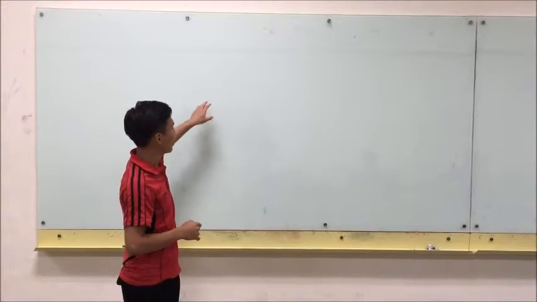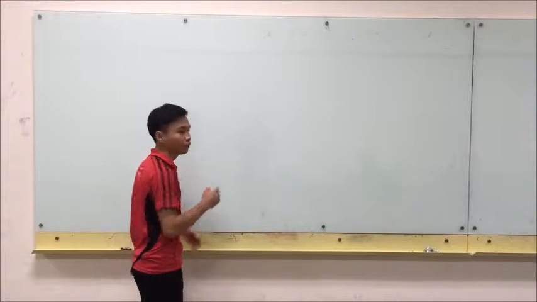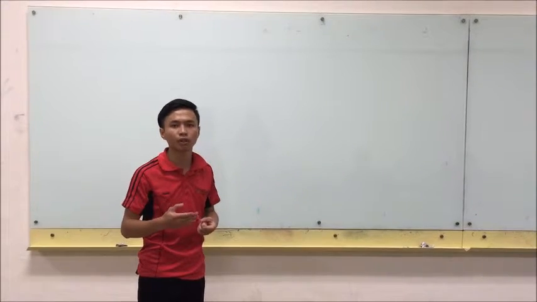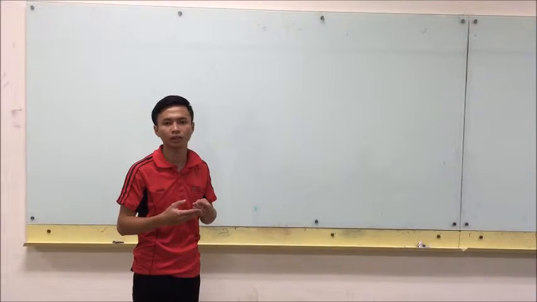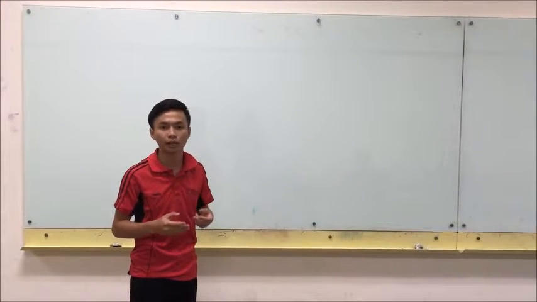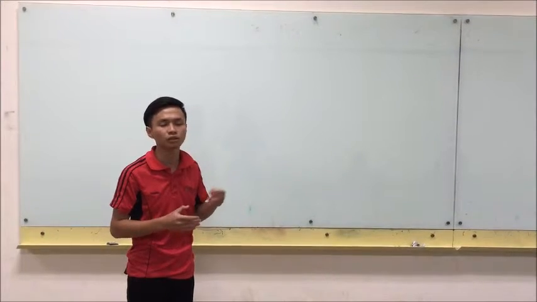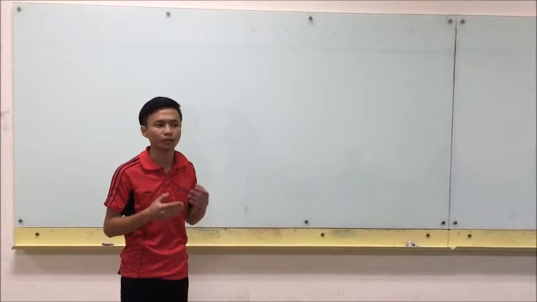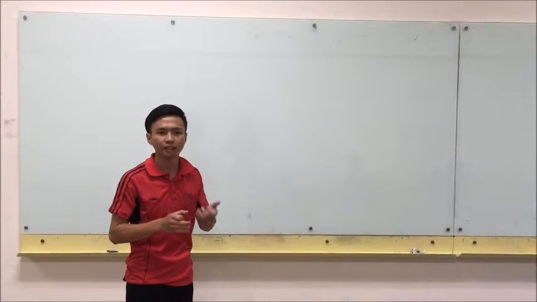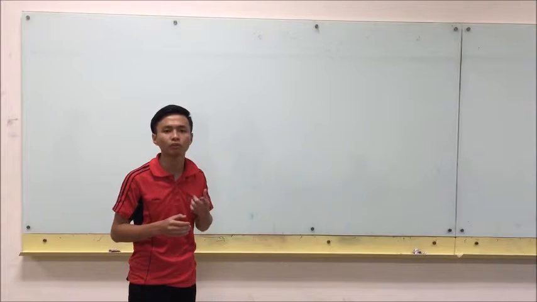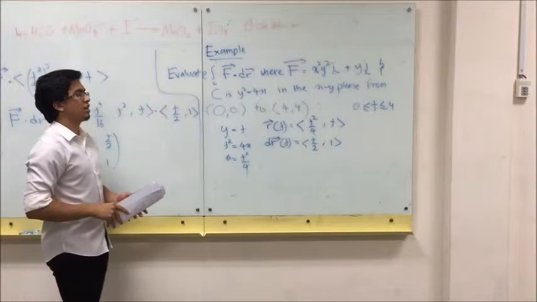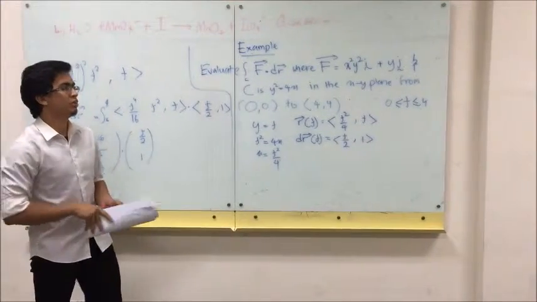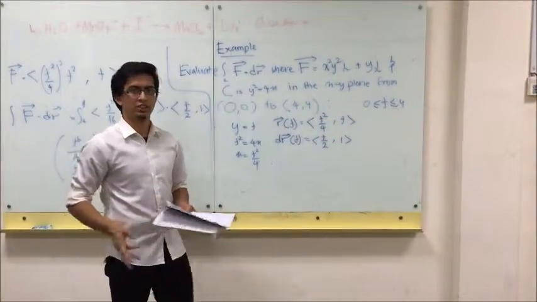So when you use force in terms of vectors, and also displacement in terms of vectors, to produce a scalar product, we must use dot product, because cross product is for vectors multiplied with vectors to produce a vector product.